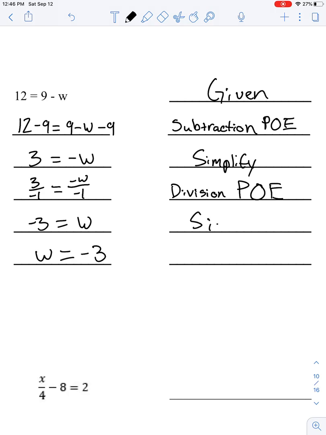So we simplified there, and then at the end we use the symmetric property. Okay?